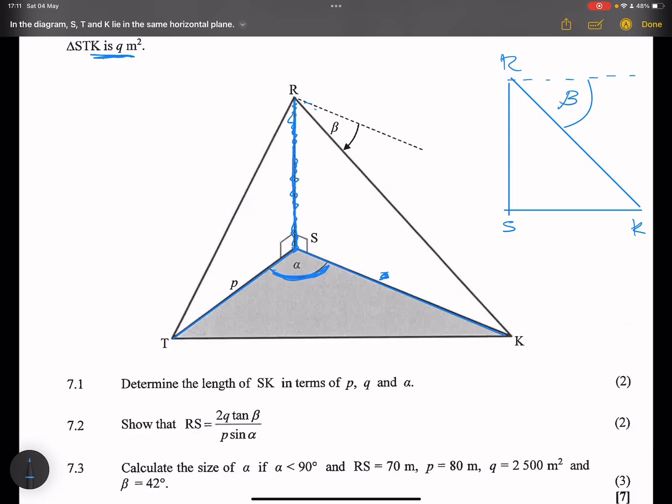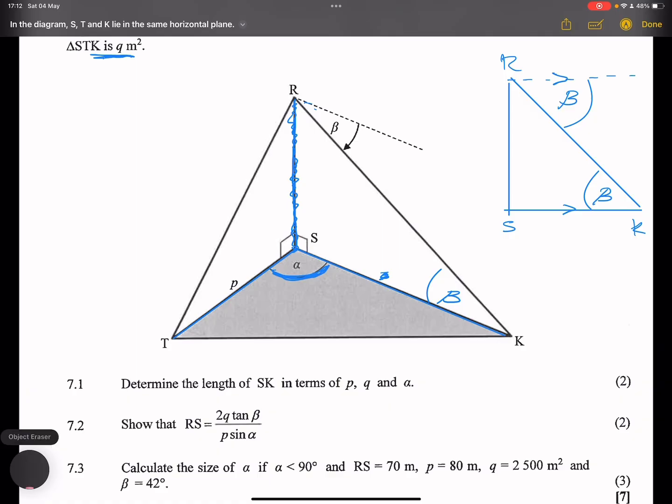And what does that mean? Remember, this line here is parallel to that line. So what do we note? It means that that's going to be beta as well. So angle RKS would be equal to beta, because of alternating angles. Can you guys see that?